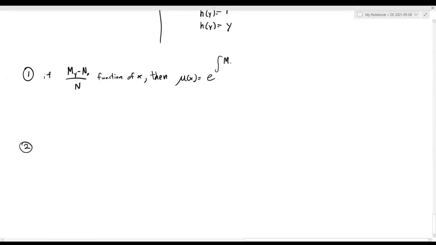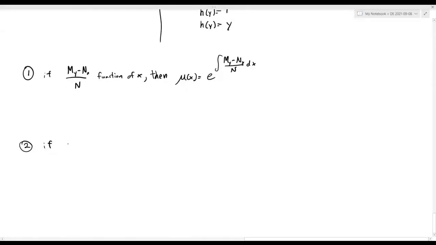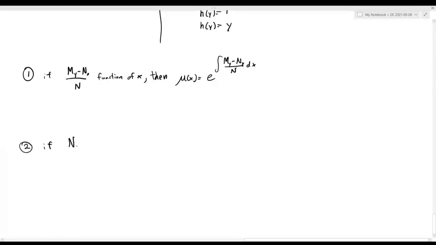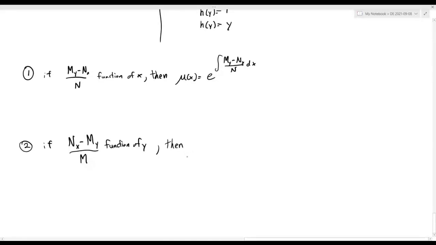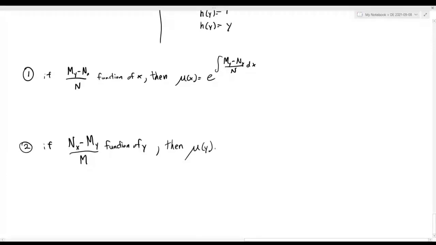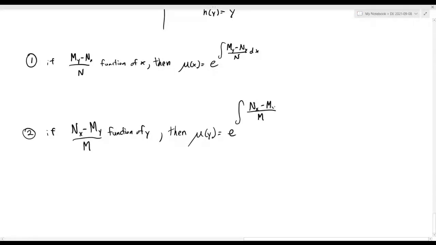And we derived that. It's just a result of a simple separable differential equation. The other special case was if the following expression is just a function of y, then we can find an integrating factor which is just a function of y according to this formula.